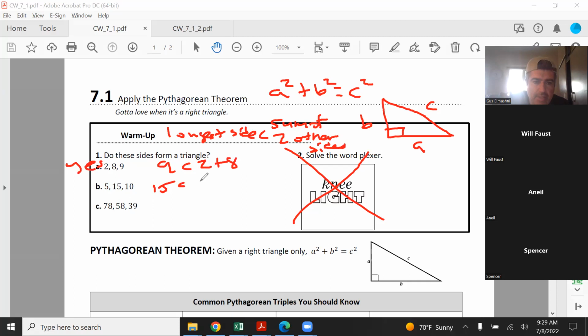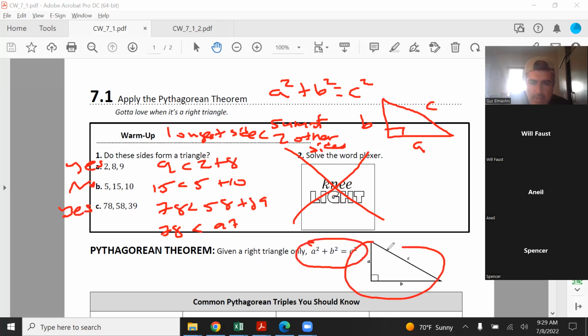Is 15 less than 5 plus 10? No, it equals it. So that's a no. Is 78 less than 58 plus 39? Yeah, because 58 plus 39 is 97, I think. So that's yes. And again, Pythagorean theorem right there. It's a very, very simple concept.